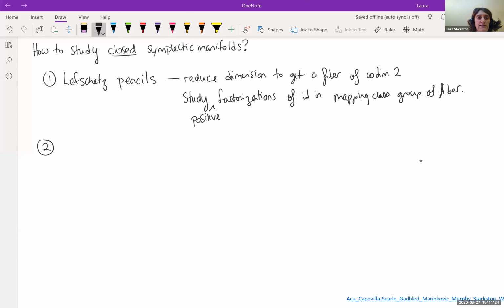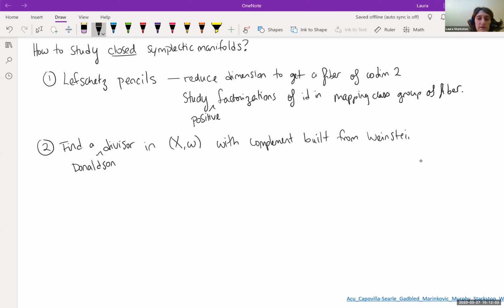Another idea to study closed symplectic manifolds from this Weinstein handle perspective is you can find a divisor in your closed symplectic manifold. Donaldson tells you that such divisors exist. And then maybe you want this divisor to have complement that can be built from Weinstein handles.